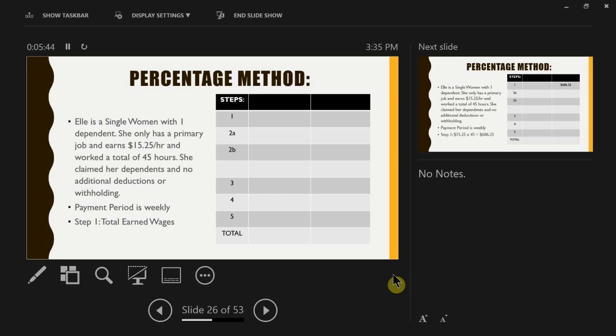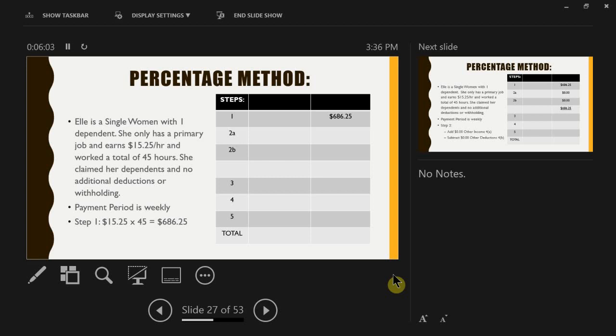So step one says, let's determine how much she has earned in total. We're going to take 15.25 and multiply it by the 45 hours to get a total of $686.25.